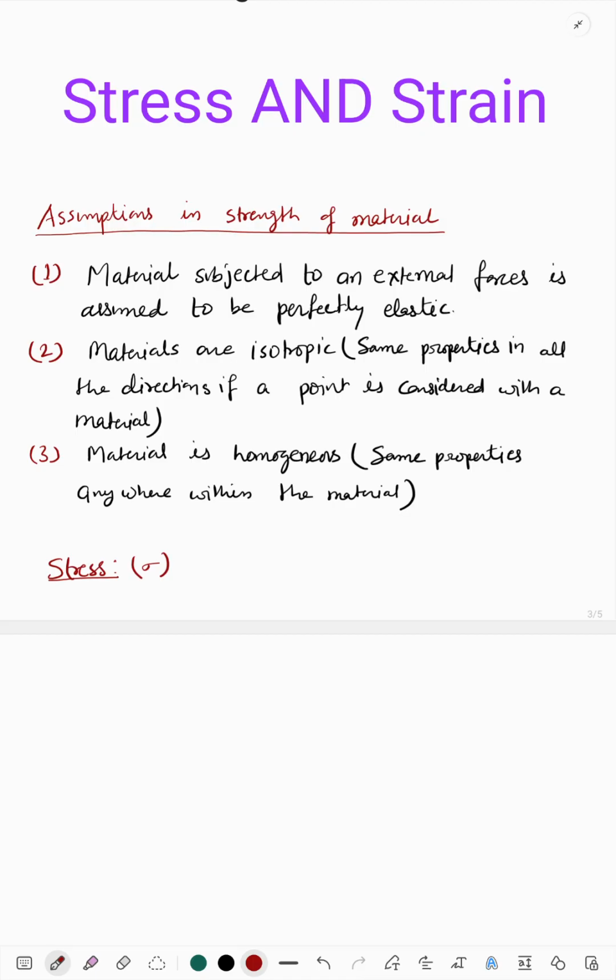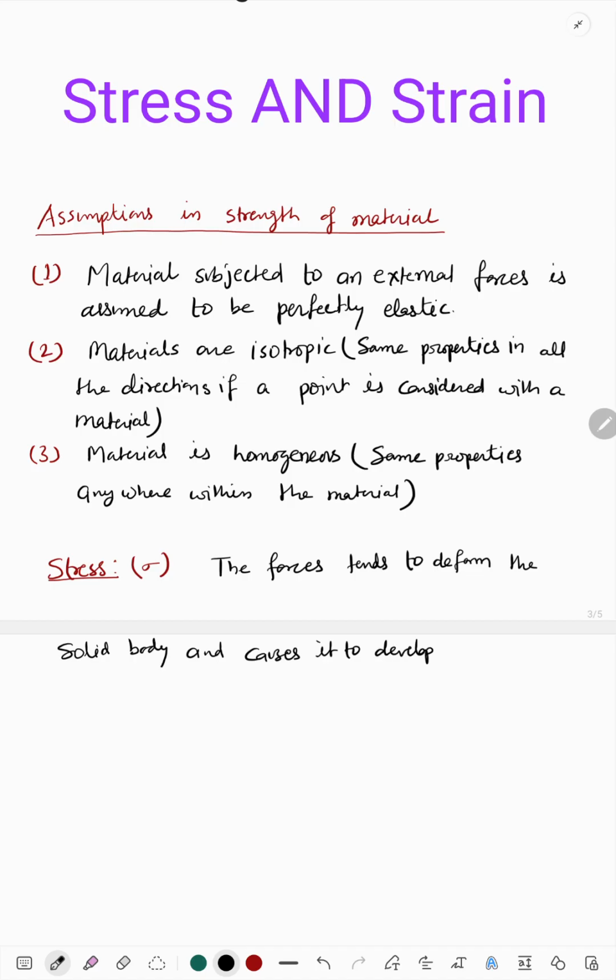The force tends to deform the solid body and causes it to develop equal and opposite internal forces.